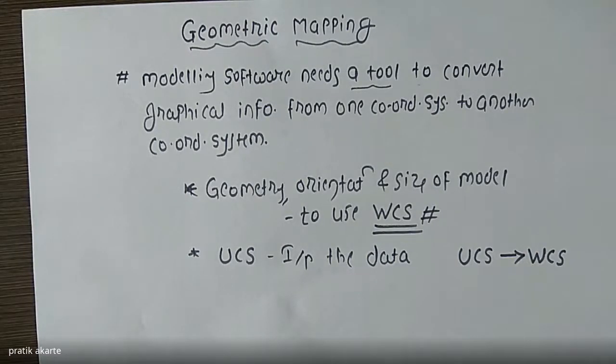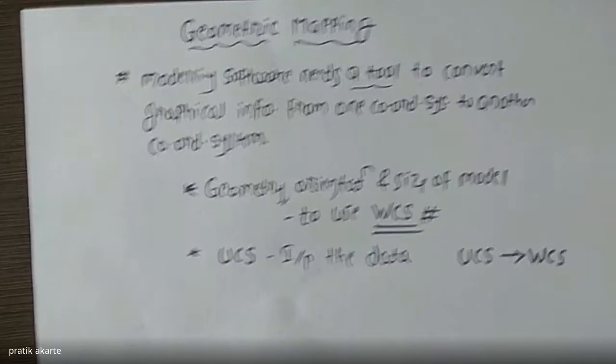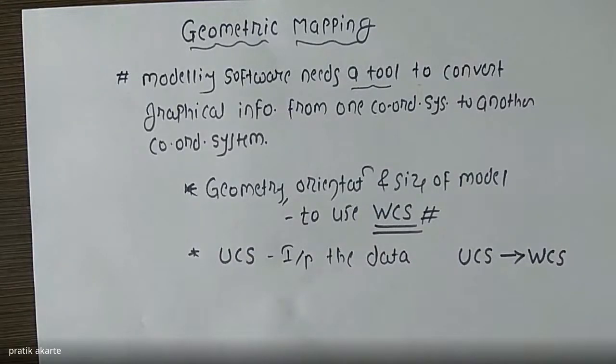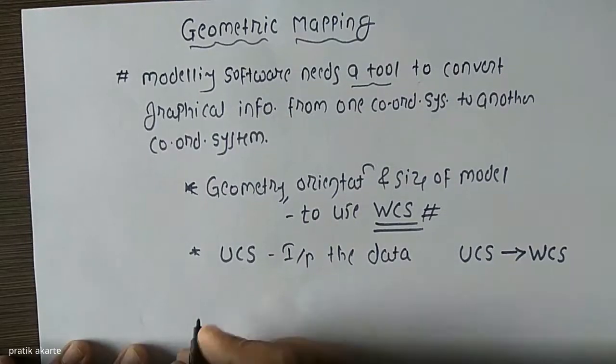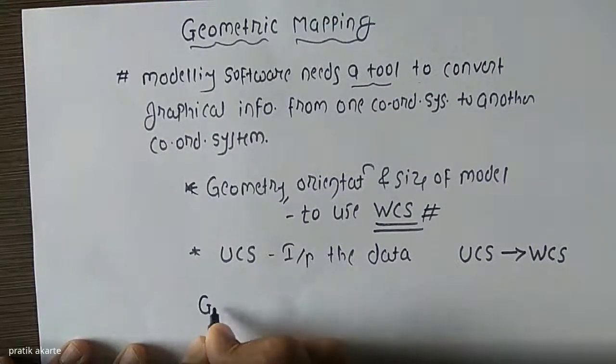It changes the graphical description of a model from one coordinate system to another coordinate system. I repeat once again, geometric mapping changes the graphical description of a model from one coordinate system to another without changing the position, orientation, size, and shape of the model.